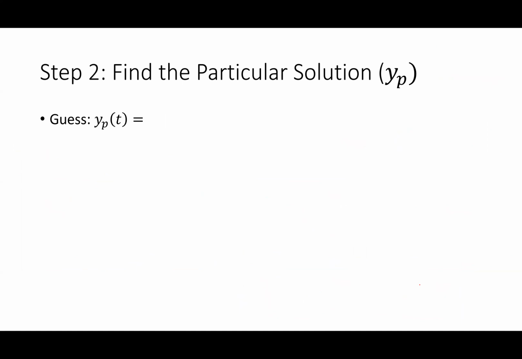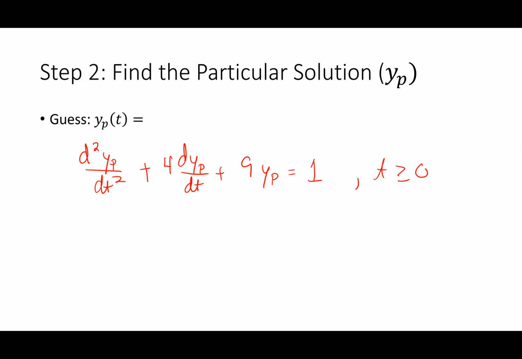Okay. So if I go through this process, now for this thing, I got to guess a particular solution as well. So my equation here was d squared yp by dt squared plus 4 dyp by dt plus 9 yp equals 1 for t greater than or equal to 0. So what do I guess for yp in this case? A constant.